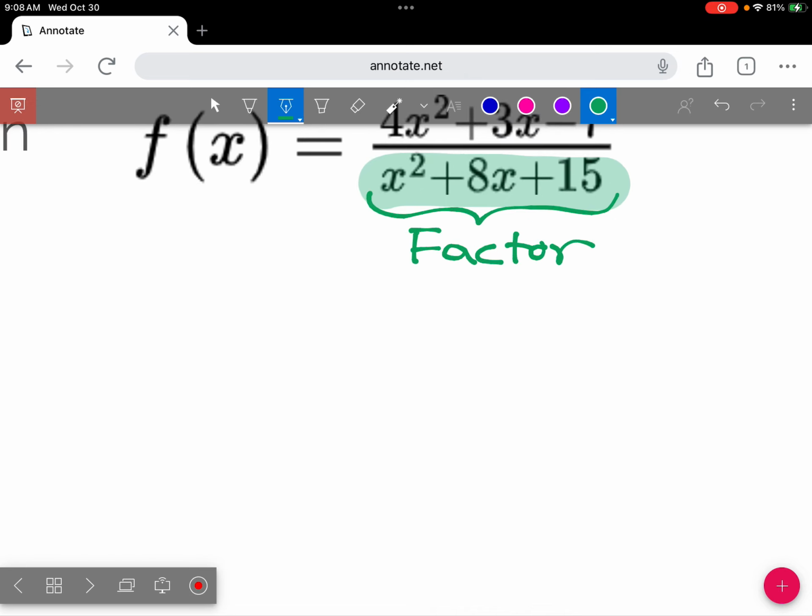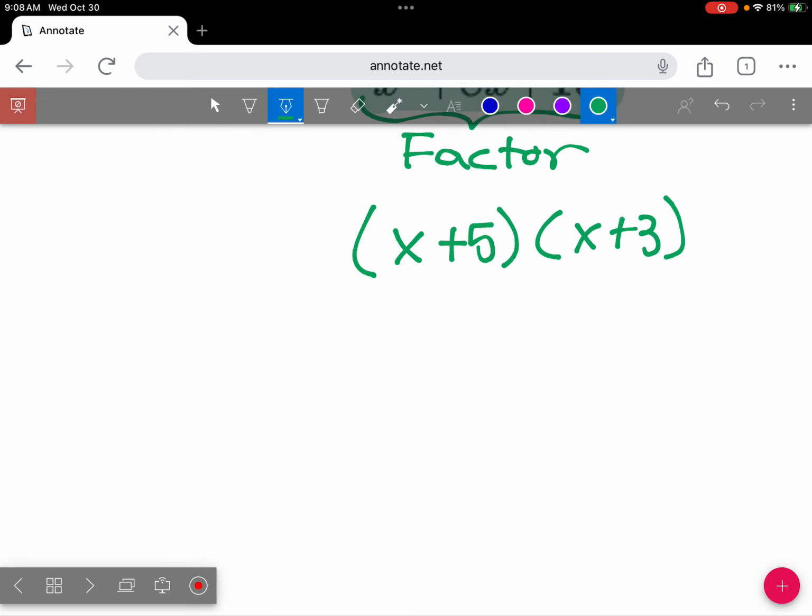Yeah. In factored form, we get x plus 5 and x plus 3. So our zeros are negative 5 and negative 3. So the only places we have problems are when x equals negative 5 and x equals negative 3. So our domain is everything except those.